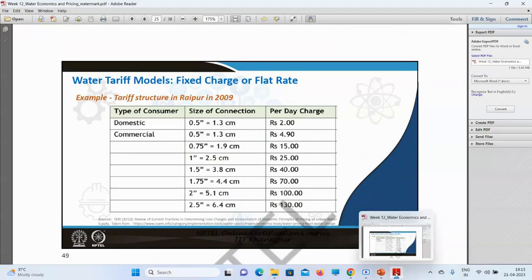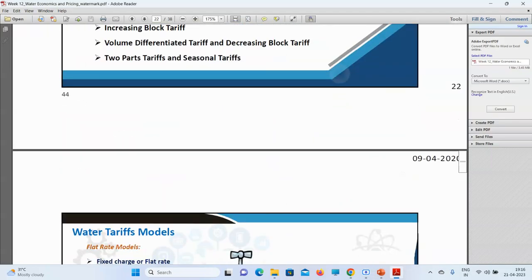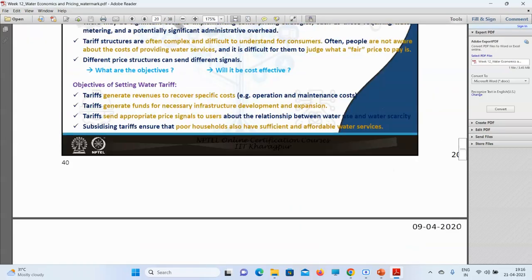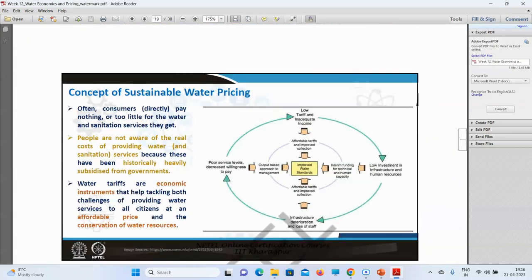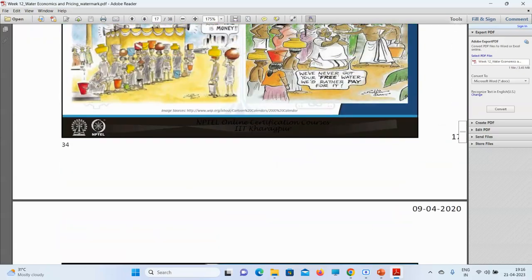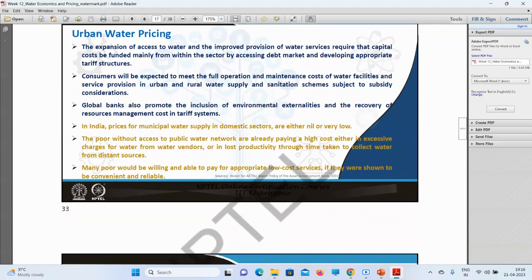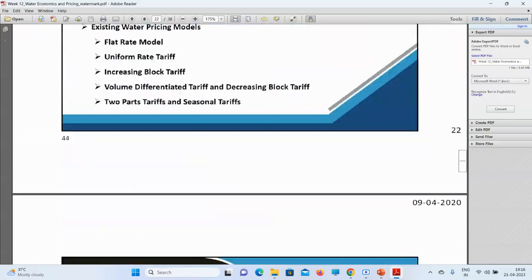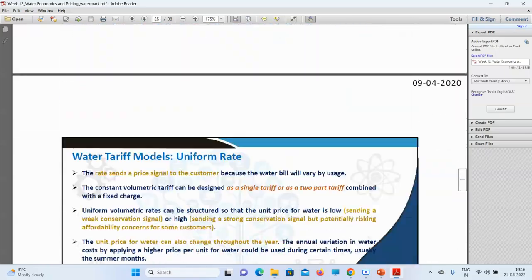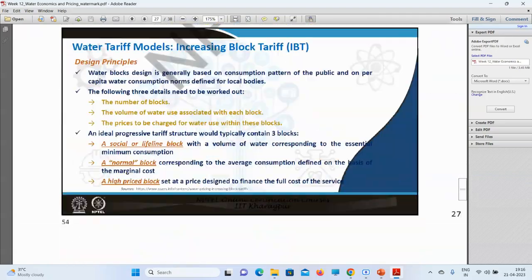I think I just crossed that number. Setting order tariff price. If you see that somewhere, please stop me. Is it page number 30? Yes. So uniform rate, somewhere here it should be tariff.